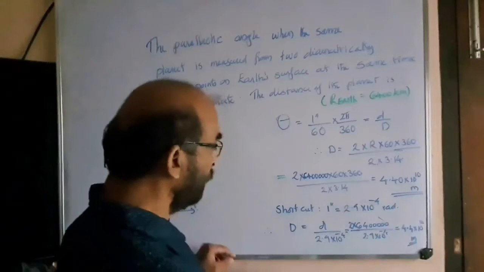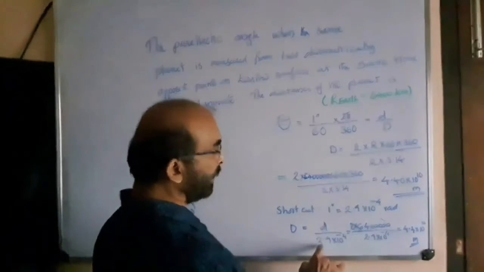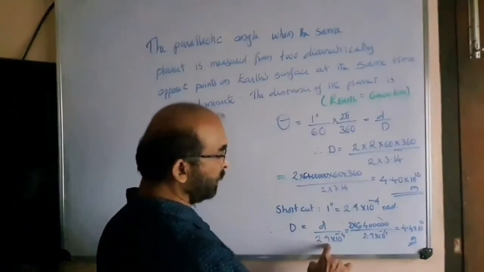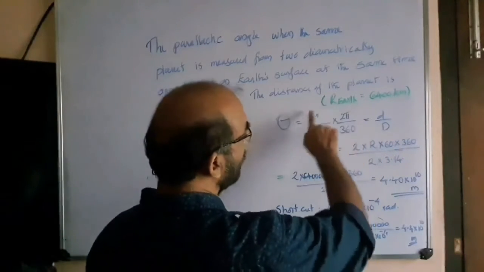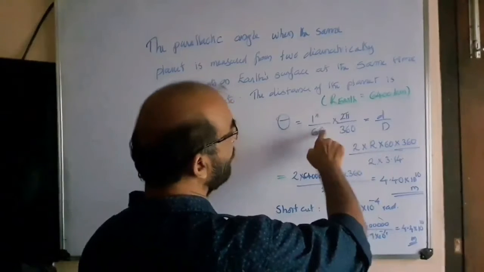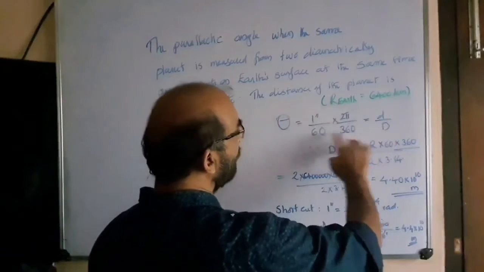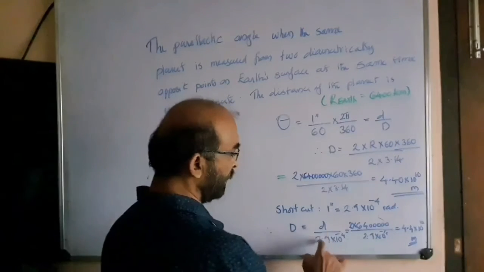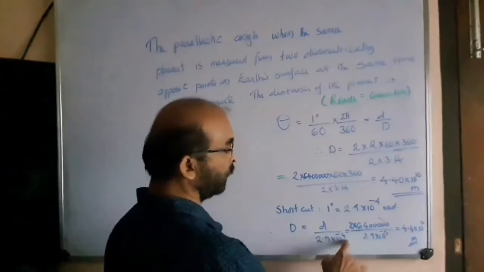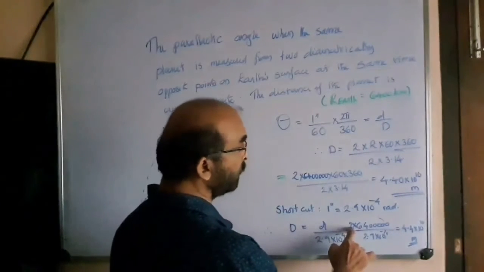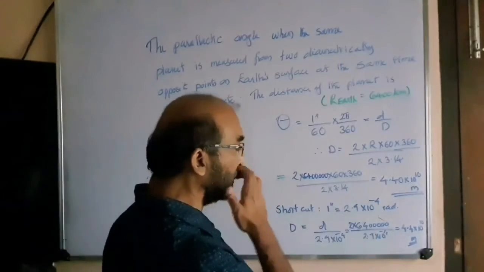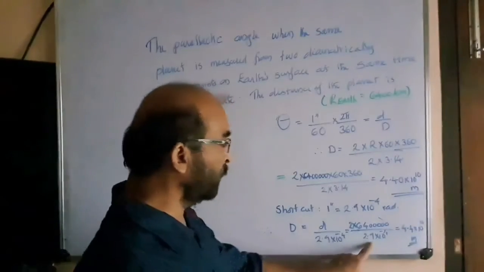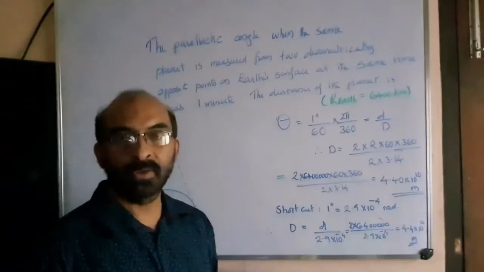Then you can use that value. Now you substitute this in radian. So D is equal to small d by that angle in radian. D by 2.9 into 10 to the power minus 4. Numerator 2 into capital R, radius of the earth. 2 into 64, 5 zeros, divided by 2.9, and you get the same value.